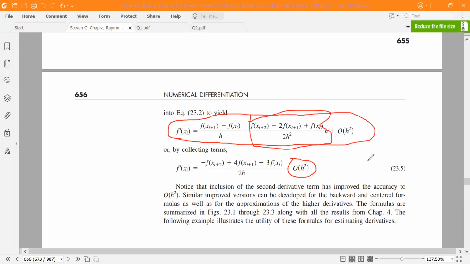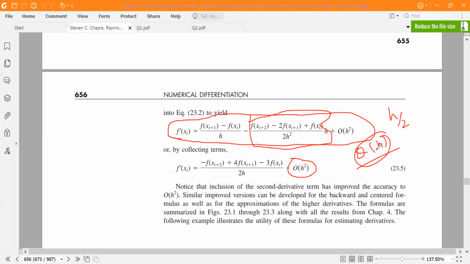Yes, sir. But in the case of the first approximation, when our order was equal to h, if h is halved, then your error will be halved, isn't it? But with the addition of your second term, it is more accurate, isn't it?